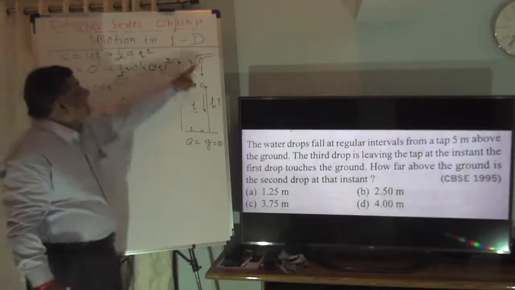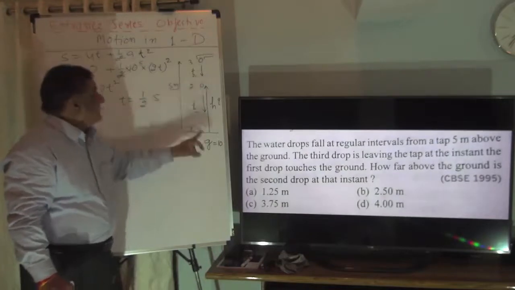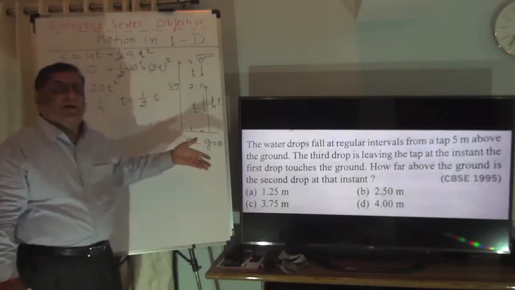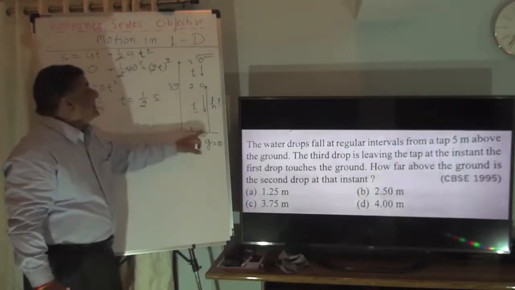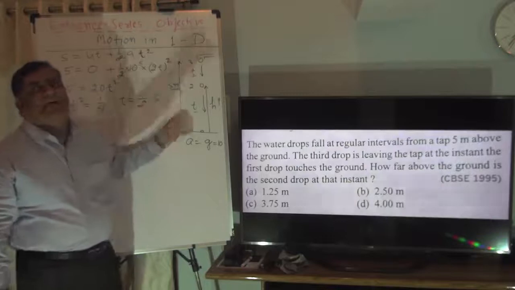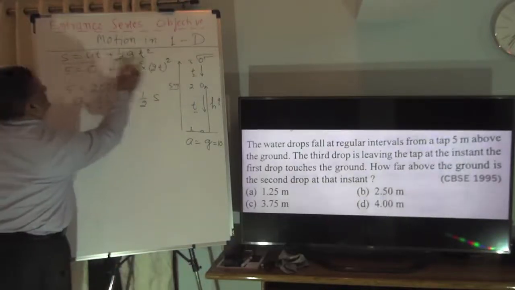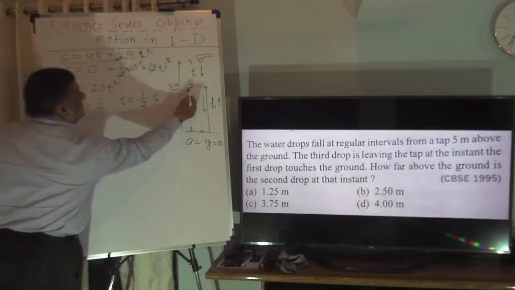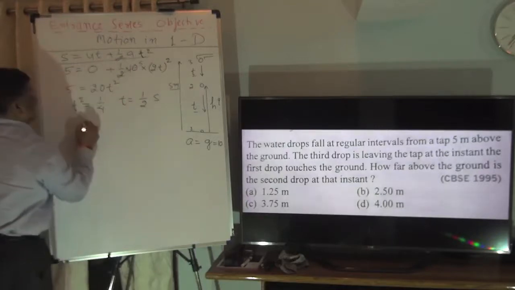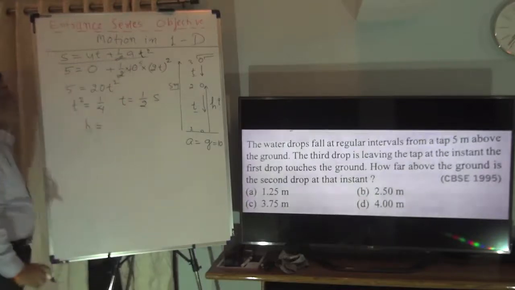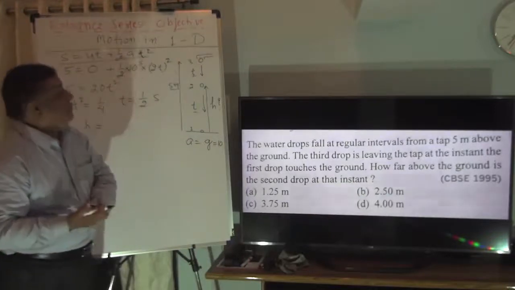That means this drop reaches this position in half second and this drop reaches this position in half second. Now what is asked from us? This is the height which can be travelled in half second. S is equal to ut plus half at square, and if this height is h, then h is equal to ut. But here we don't know u, so we can't use that formula.